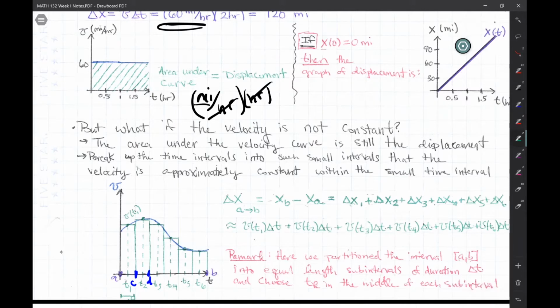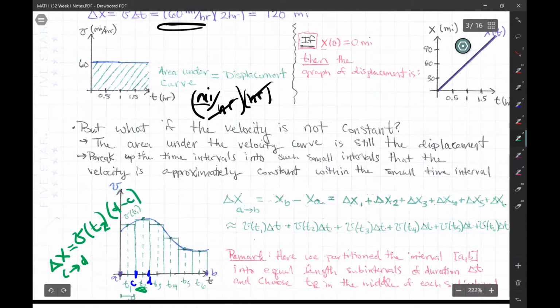And so if I wanted the displacement from C to D, I'll just take the velocity at time t2 right there, and multiply it by the change in time from time equals C to time equals D. So that's how much time goes on in that small time interval.